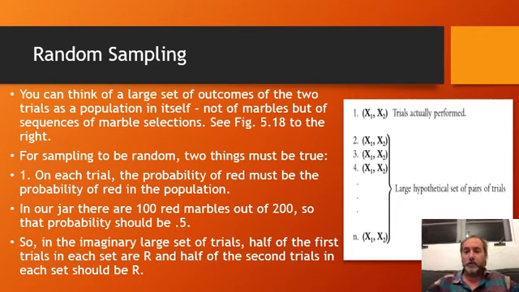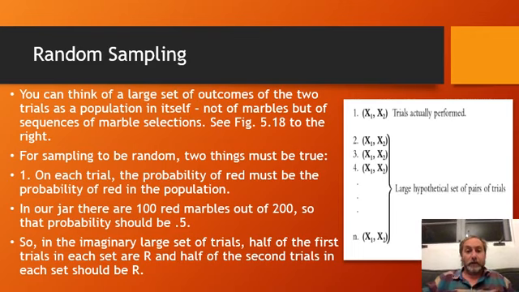Each one would end up being one of those four possible ones: an RR or an NN or an RN or something like that. But you can imagine doing as many trials as you like, so many that it starts to look like a population in and of itself. So we can talk about probabilities or frequencies in that imaginary population of trials. If I do these sets of two over and over and over, what sort of trends will I see?